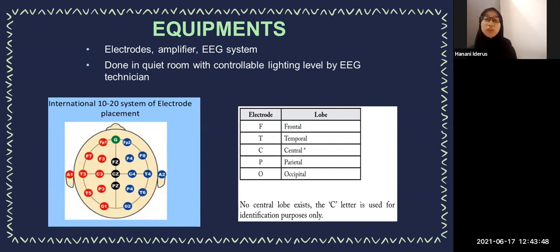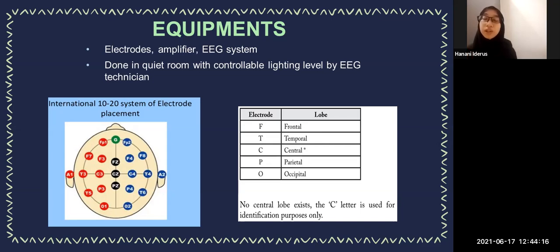And then how we place the electrode is that we usually follow the international 10-20 system. You can see in the picture I've provided below. It uses letters and also a numbering system. For the letter, as you can see in the right picture, the letter represents the location, the lobe where we put the electrode.